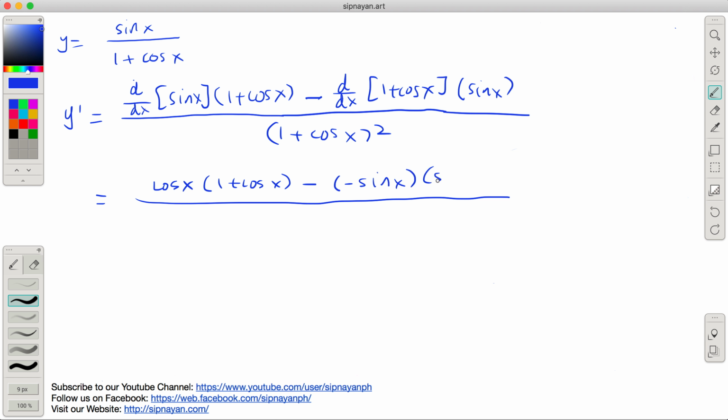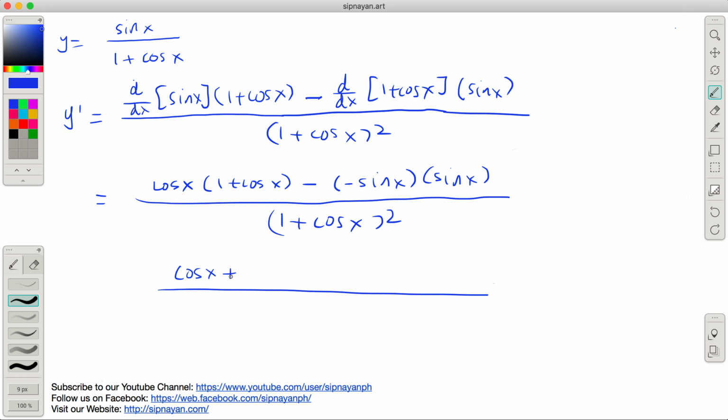And then meron pa tayong sine x sa dulo. Over 1 plus cosine x quantity squared. So we distribute. By distributive property, we have cosine x plus cosine squared x, and then minus negative is plus, di ba?